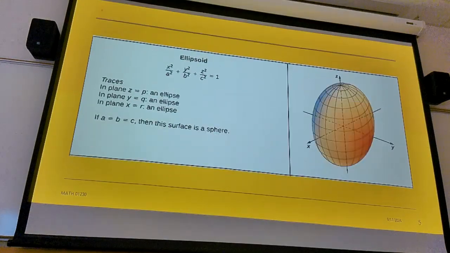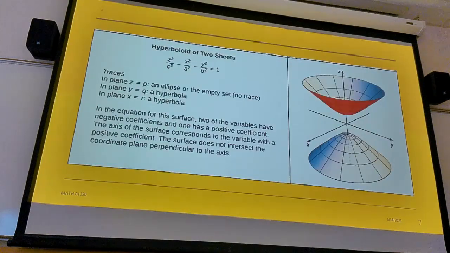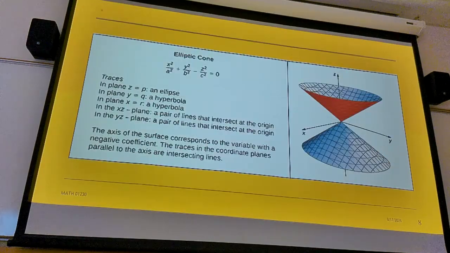An elliptic cone. The only difference between this and the hyperboloid of one sheet is this relation equals 0. An elliptic cone equals 0, not 1.